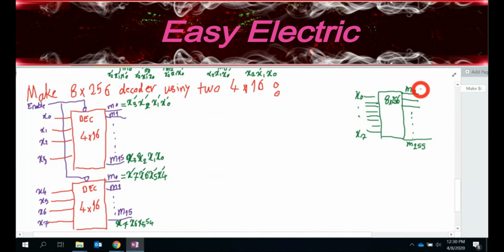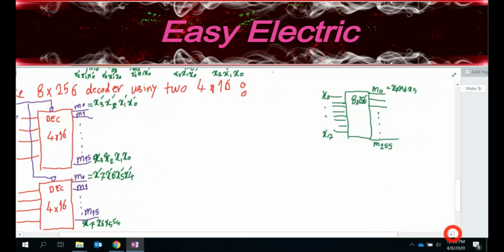So what is the M0? Definitely M0 should be X7, X6, X5, 4, 3, 2, 1, 0. All of them should be prime, right?